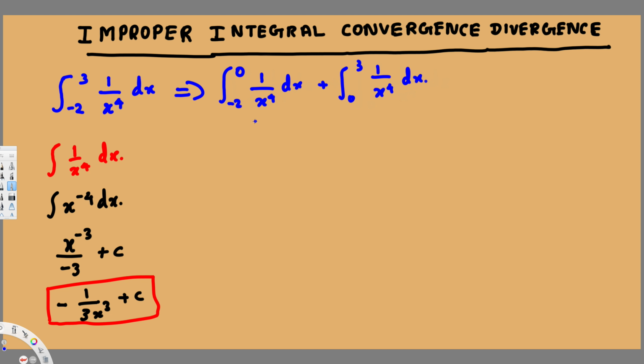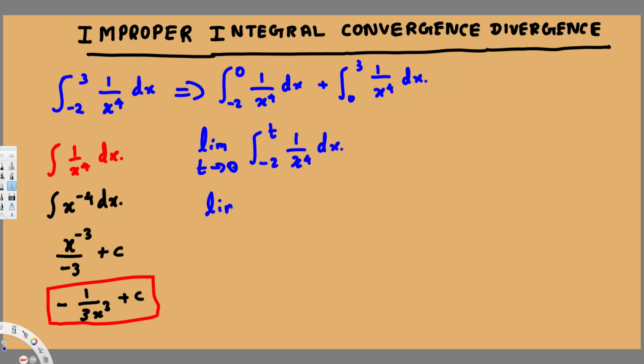To find that out, we take the limit as t approaches 0, so we replace 0 with t, so this is going to be the integral from -2 to t of 1 over x to the power 4 dx. Now we already know the integration, so instead of doing the integration, we can directly do the substitution right here.